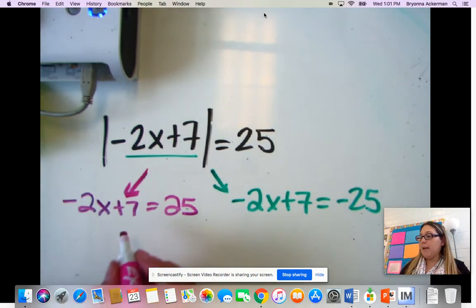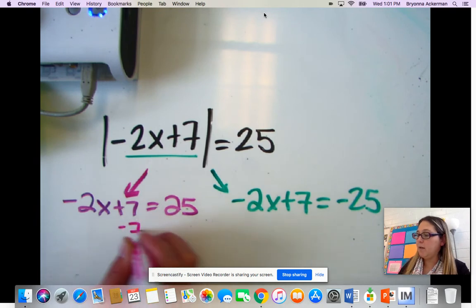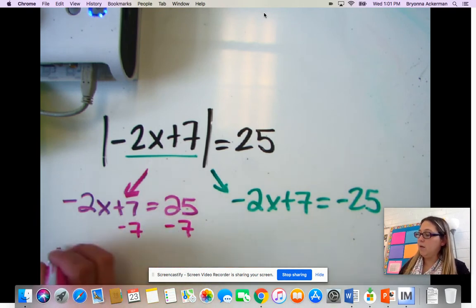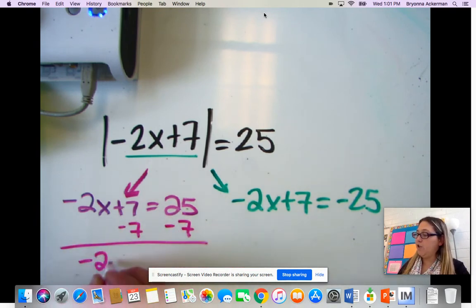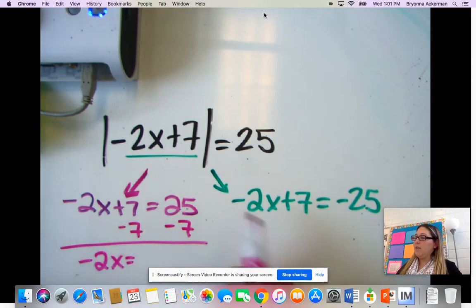So we're going to subtract 7 from both sides. And so we're left with negative 2x, and this is a positive 25, and then we're subtracting 7. So we get a positive 18.